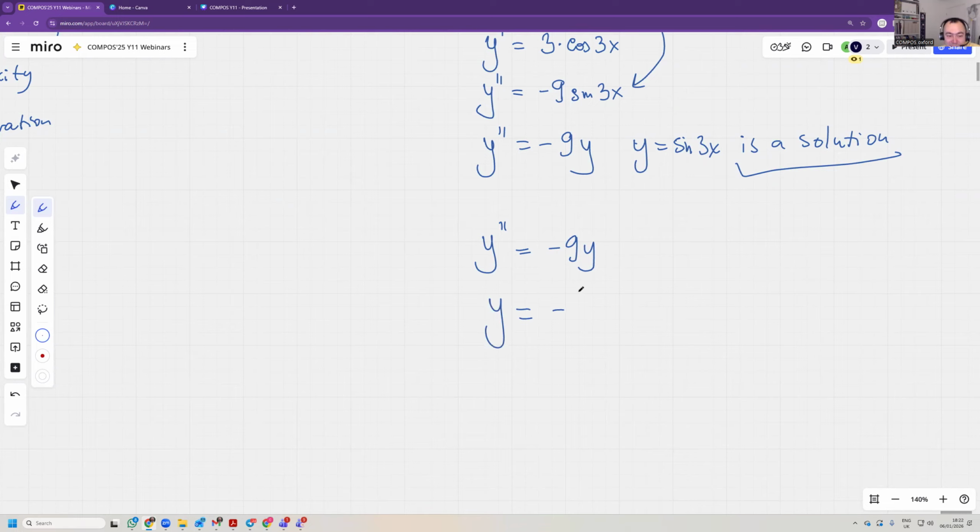So y is minus 1/9 of y double dash. I know that when you differentiate a cosine twice, you get minus cosine, and that's the basis of my guess. When cosine x is differentiated twice, you get minus cosine x. That was the reason for my guess. Okay, I hope that makes sense.